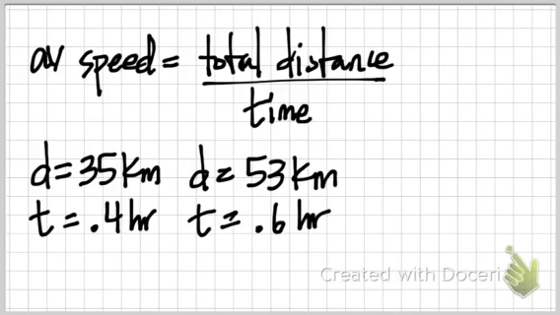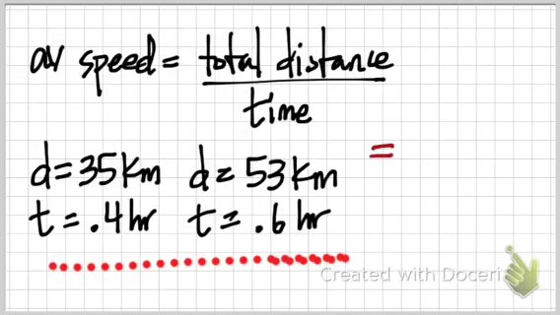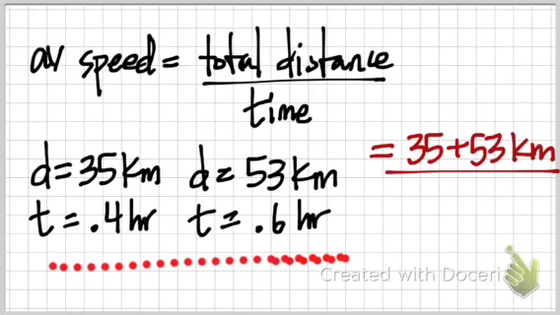So if you have these two scenarios, then all you're going to do is say, well, my total distance is going to be 35 plus 53 kilometers over my total time, which is 0.4 hours added to 0.6 hours.